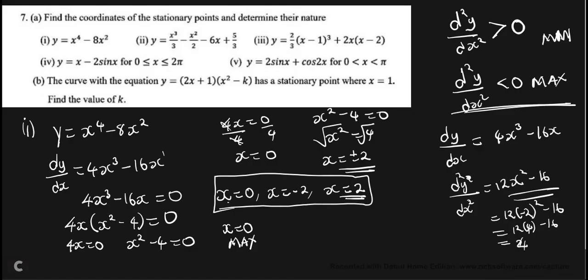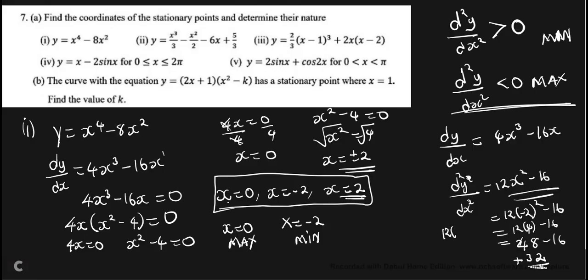That is 48 minus 16, which is 32, and it's positive. Is it greater than 0 or less than 0? The answer is it's greater than 0, meaning that x equals negative 2 is a minimum.